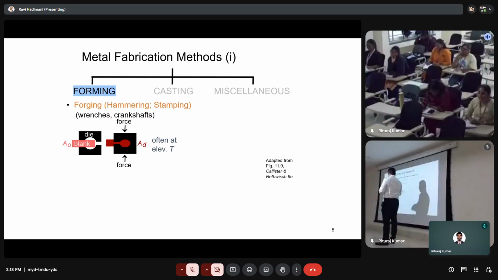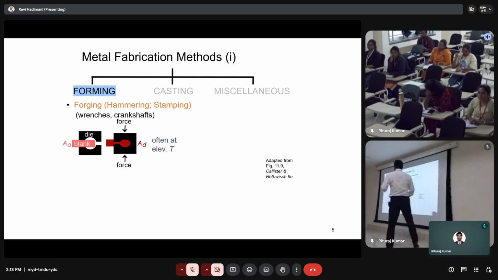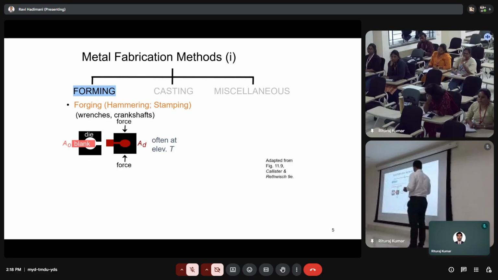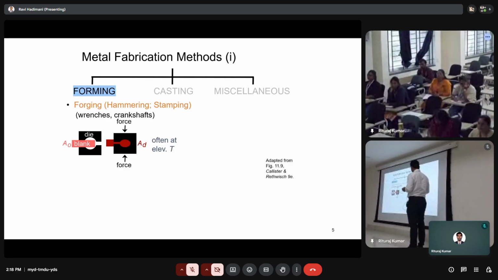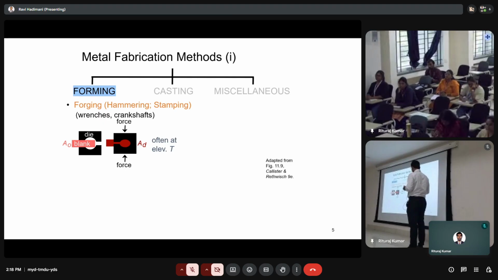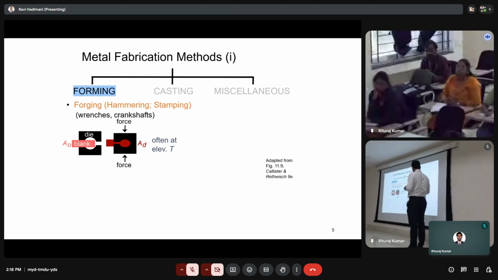In stamping, you use some sort of die and you press on it, and then you get the shape you want. Wrenches and crankshafts are some examples prepared using forging, especially stamping.